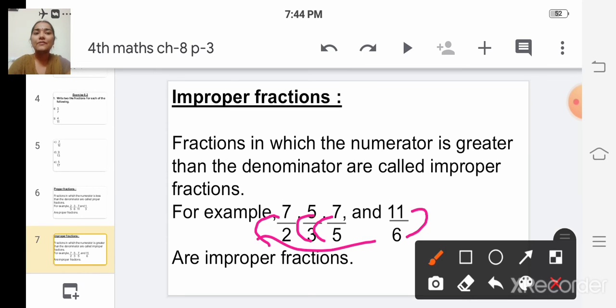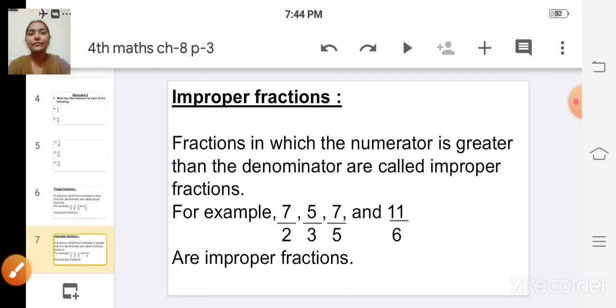So all these fractions are improper fractions. If the numerator is less than the denominator, then the fraction is proper fraction. If the numerator is greater than the denominator, then the fraction is improper fraction.